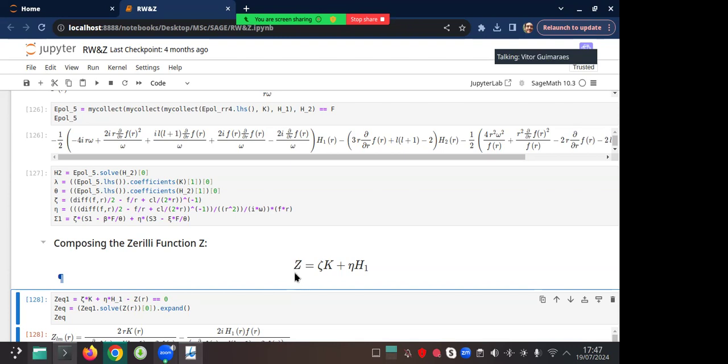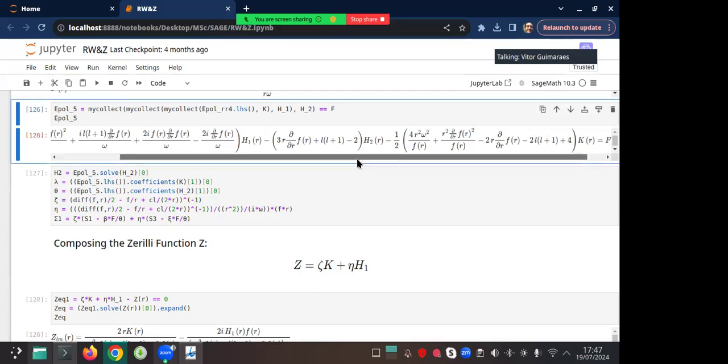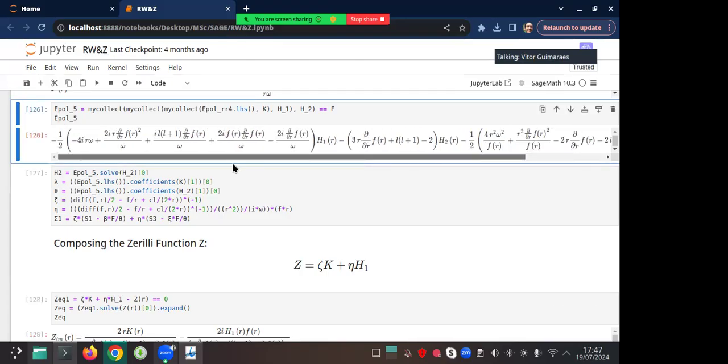But here, it's impossible to get to only one variable, since we started from 4, which was H0, H1, H2, and K. But we reduced all this to an equation which depends only on 2 of them, K and H1.